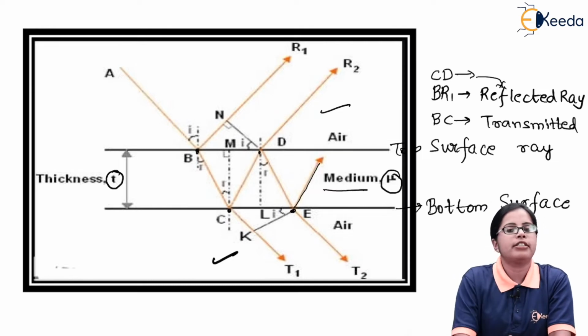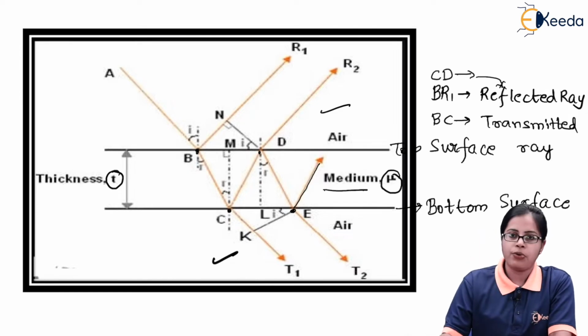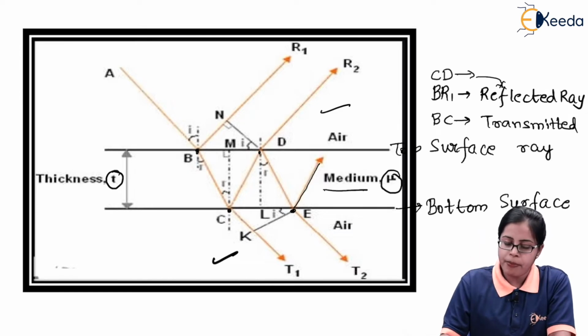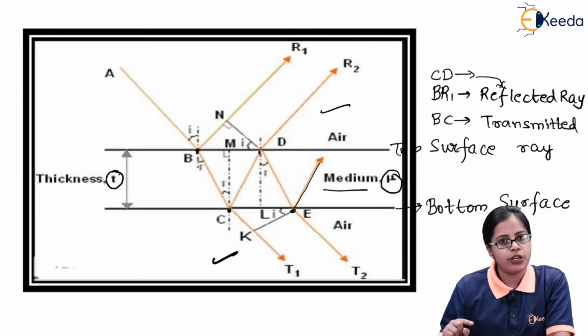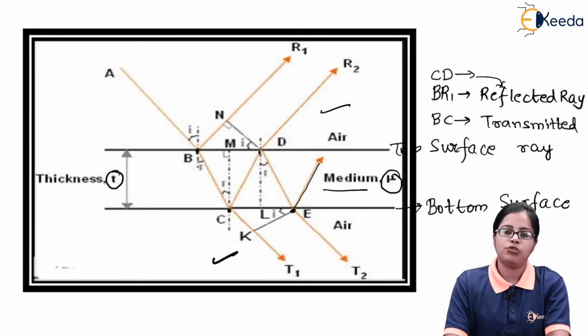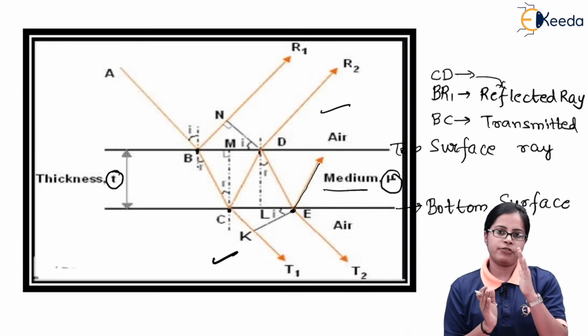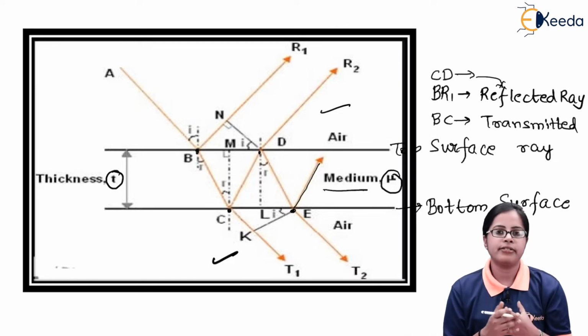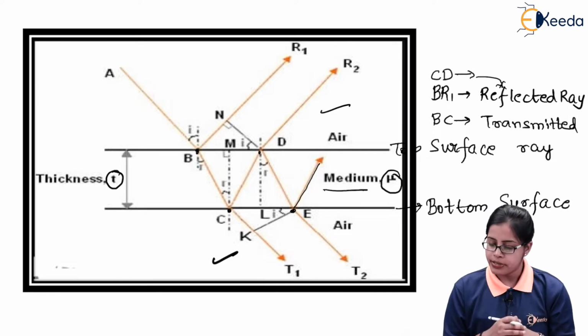I consider these four rays because, for the reflected system, interference occurs between the rays BR1 and DR2, and for the transmitted system, interference occurs between the rays CT1 and ET2. So keep in mind that we are going to work out two conditions: one for interference due to the reflected system, and the second for interference due to the transmitted system.